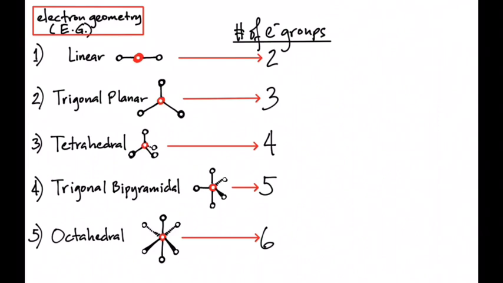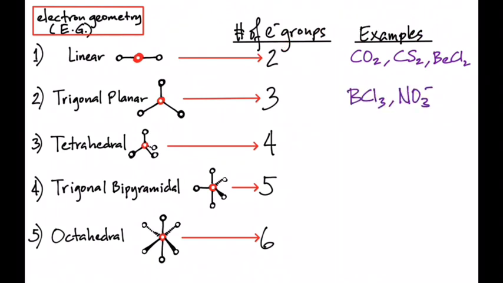So let's take a look at a few more examples here. All these 3 molecules, carbon dioxide, carbon disulfide, and beryllium chloride, will have a linear electron geometry, which means that the central atom, carbon and beryllium, will have 2 electron groups.